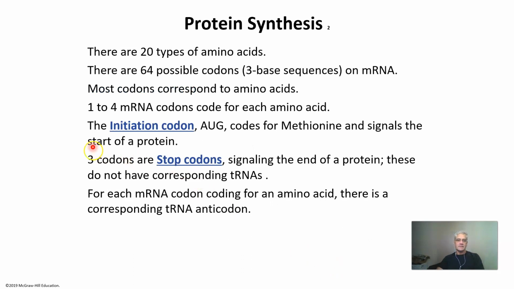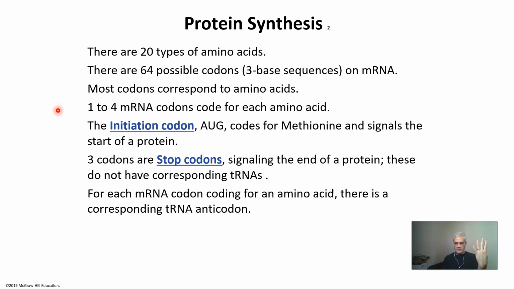Remember, 20 kinds of amino acids. Now there are 64 possible codons. How does that happen? Because you have 4 bases in DNA, A, T, C, G. If I put 4 possible bases in one slot, and I have 4 possible bases in the next slot, and then I have 4 possible bases in the next slot, I'm running out of hands here.